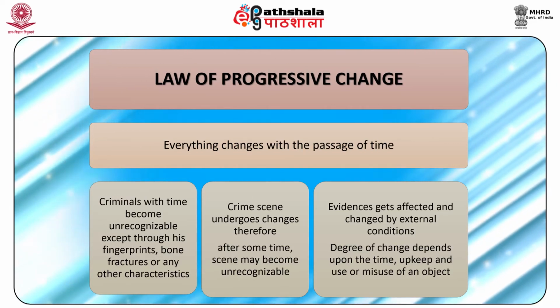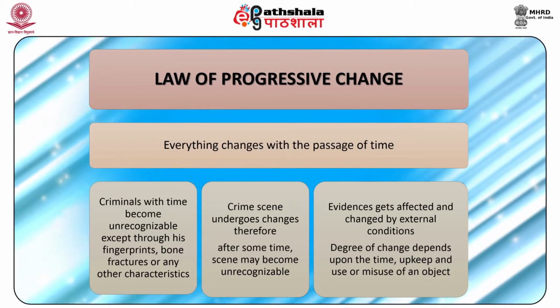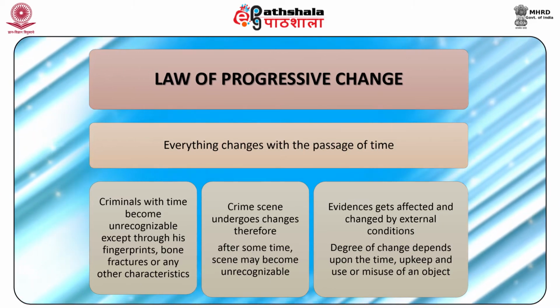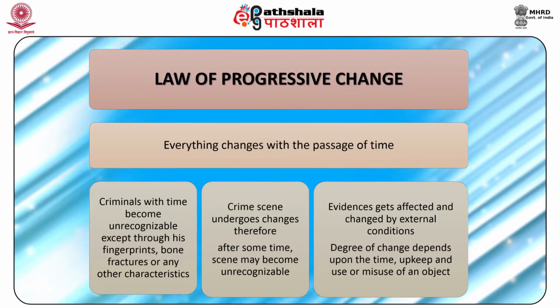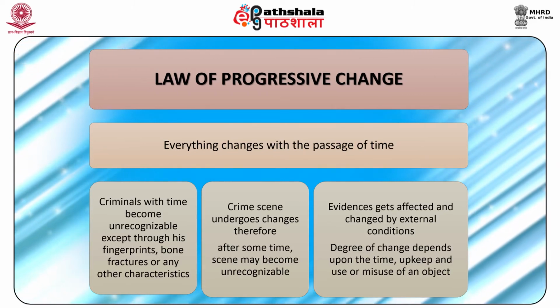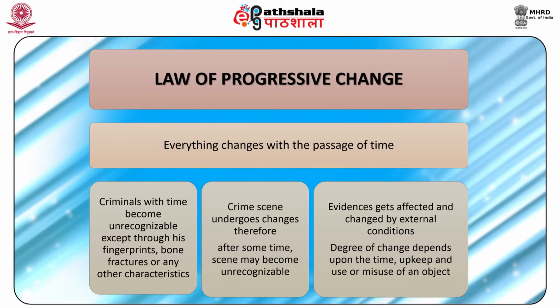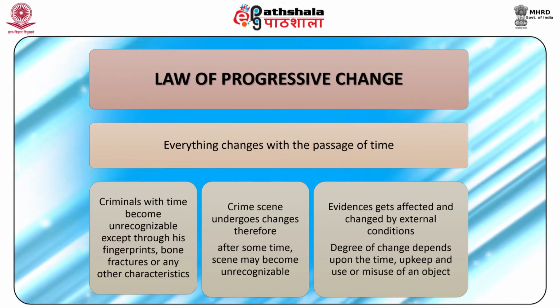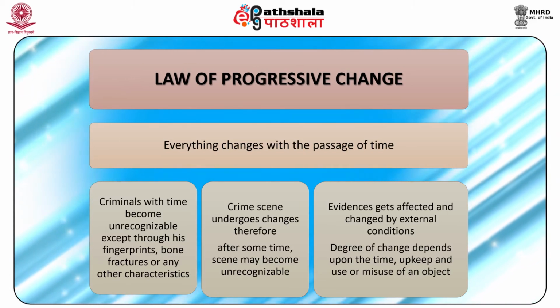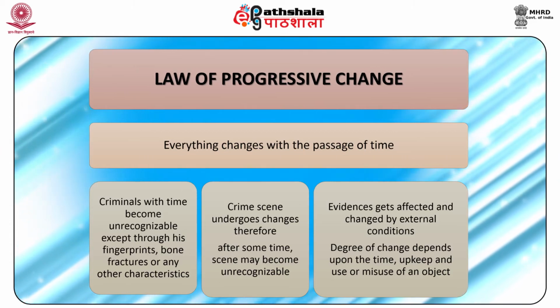The scene of crime also undergoes rapid changes. The weather, the vegetable growth, and the living beings, especially human beings, make extensive changes in comparatively short periods. The longer the delay in examining the scene, the greater will be the changes. After some time, the scene may become unrecognizable.